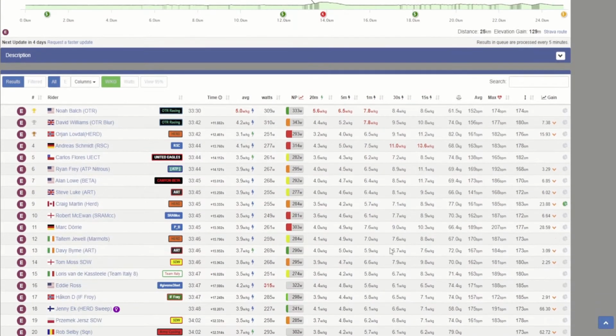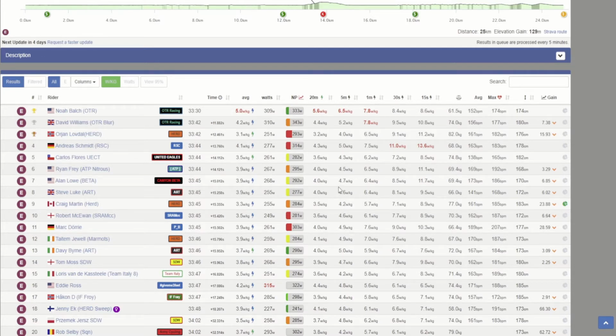So we can see here what we've got: everybody's time, difference to the winner, average power in watts per kilogram and in watts, and normalized power. When you see the green, yellow, orange, and red, that means how punchy that performance was.